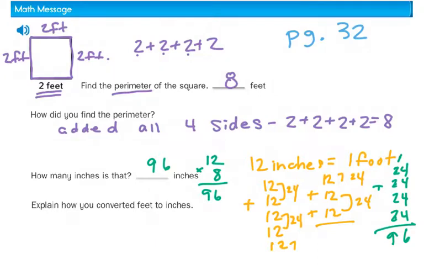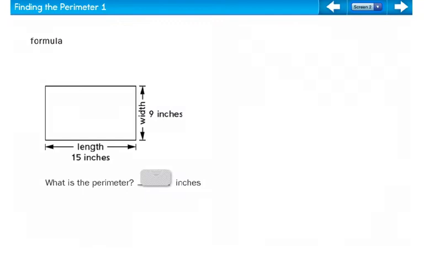We do want you to memorize your multiplication facts, not just through 10, but the 11 and 12s as well. How did I convert? I added 12 inches 8 times. Make sure you're filling out journal page 32.